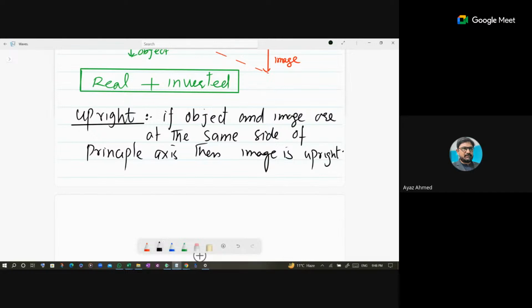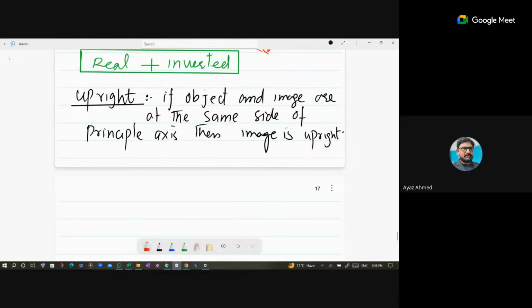This is in a magnifying glass. Again, I tell you, it is in a magnifying glass.